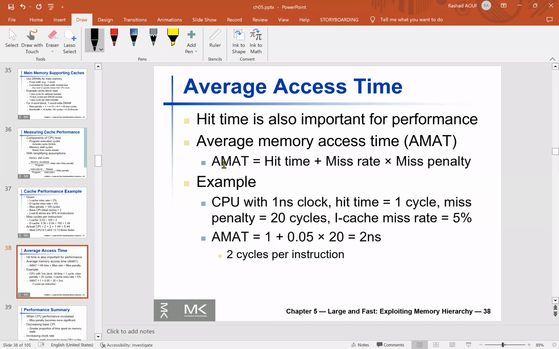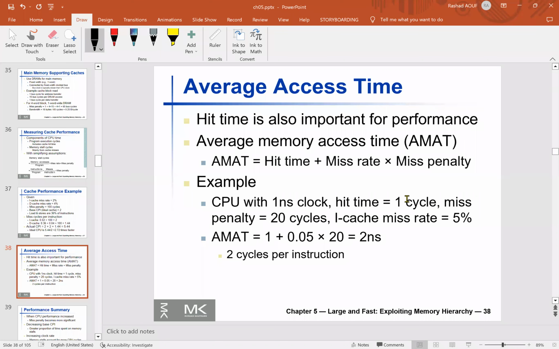For example, average memory access time is the hit time plus the miss rate times the miss penalty. You have to know this. I will select a few slides for you in a separate file and send it to you, where you can find the formulas immediately.